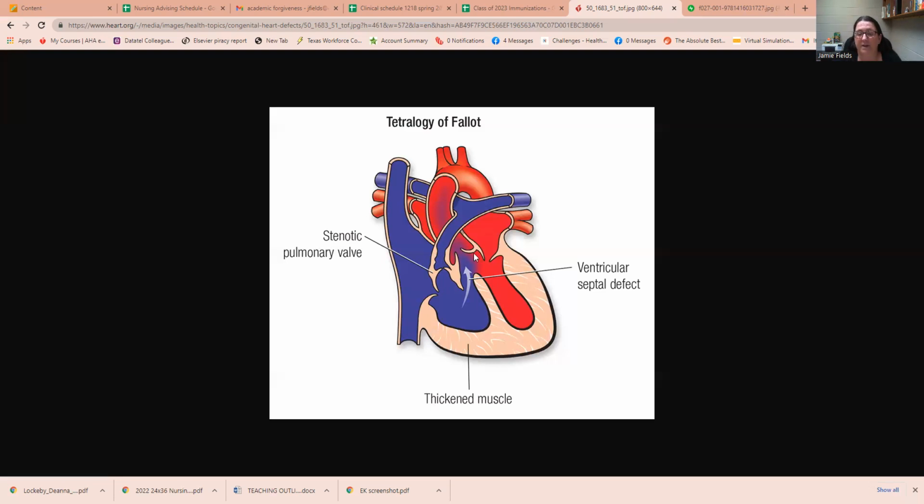But if we have a big opening here, then any increase in pressure is going to mean a lot of blood is going to go this way instead of to the lungs. So if we have a big constriction here, a really tight constriction. So the severity of the ventricular defect and the severity of this stenosis really determine how much blood that should go to the lungs actually gets shunted back out and goes to the body.